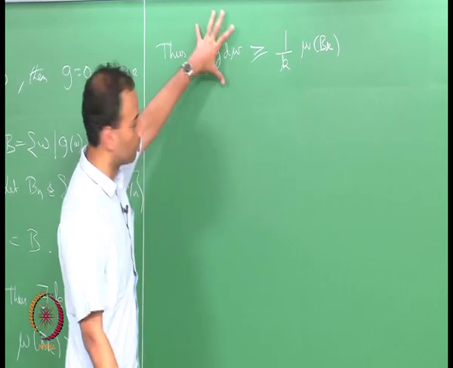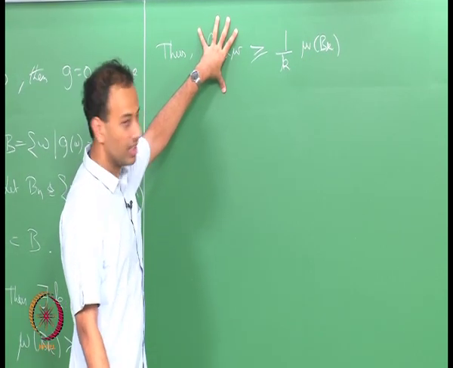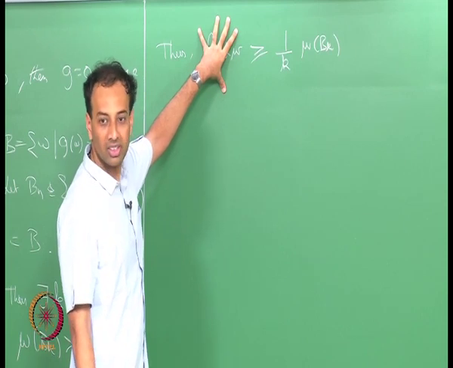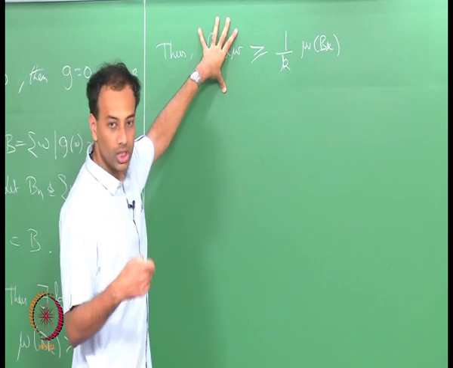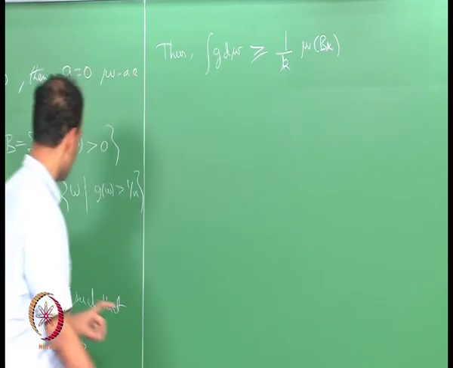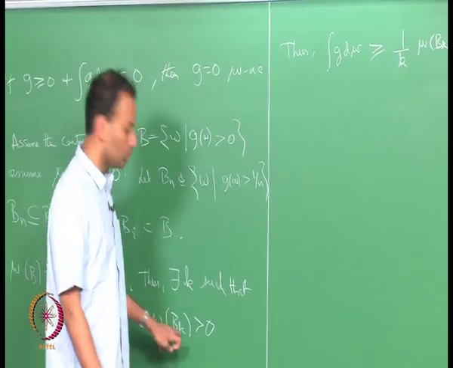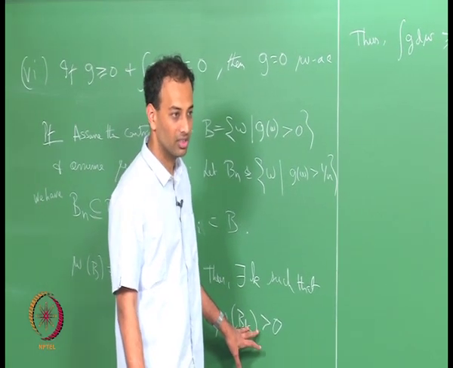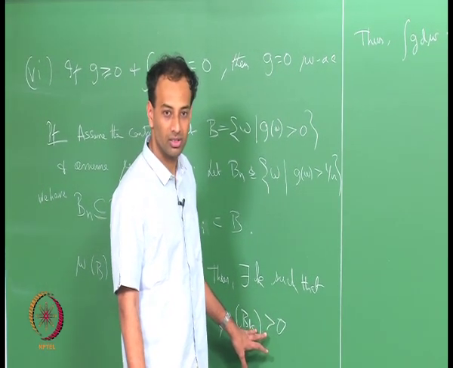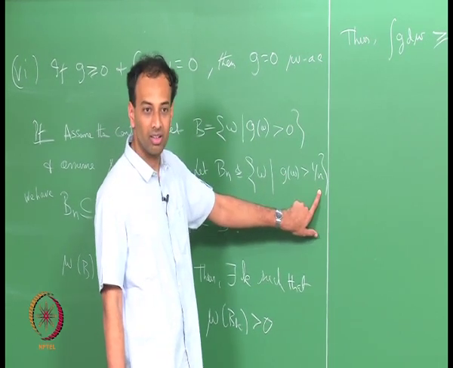Got that? Because this is a supremum of the integrals of simple functions. An example of a simple function which is less than or equal to g is the function which takes the value 1 by k over the set B k, correct, because over the set B k, g of omega is bigger than 1 by k.